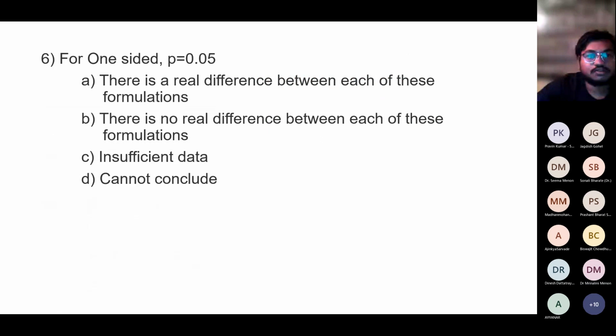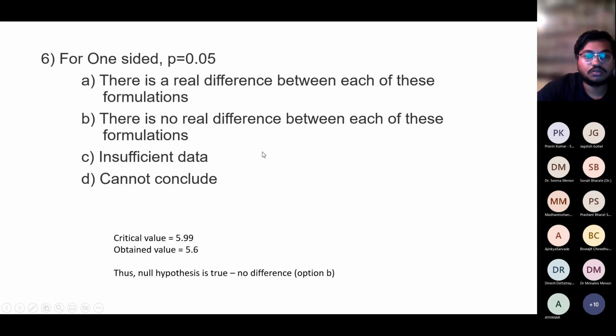Then the last question here is for a one-sided test at p equal to 0.05. We need to say if there is a real difference between these formulations or if there is no difference. So we calculated the value for the chi-square statistic to be 5.6. In chi-square, the null hypothesis is that the formulations are the same, and the alternate hypothesis is that there is a difference between those formulations.